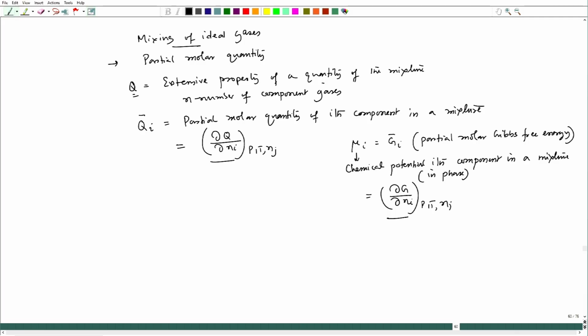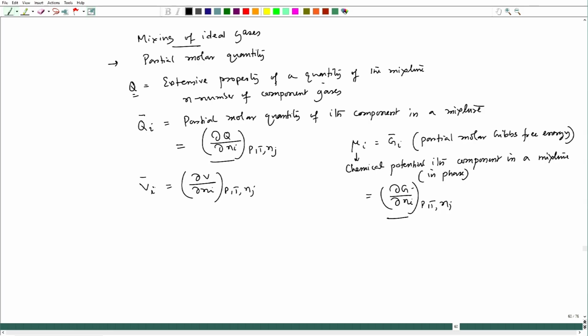So, this can be applied. Here it is only for G, but we can take it down to the partial molar quantity of V, which is V I bar, the partial molar volume of the ith component, and can be written as del V by del Ni at constant P, T, Nj. Okay. I can write that.